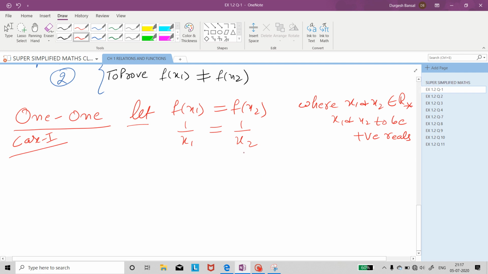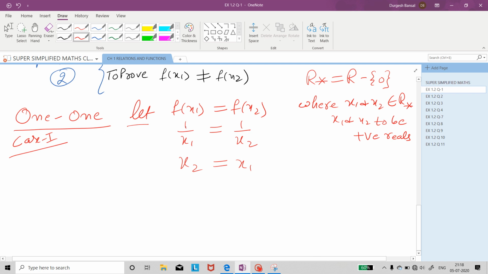x1 and x2 are both positive, and both non-zero. You have assumed them to be positive reals, and because they are in R star, they are not 0, because R star itself is the set of real numbers minus 0. So there is no ambiguity, and I can cross multiply and I get x2 is equal to x1.